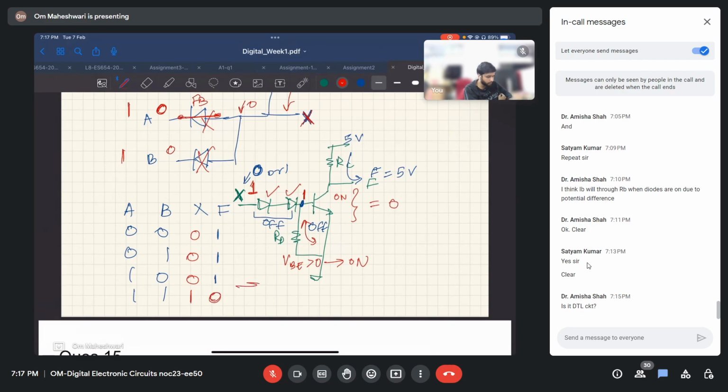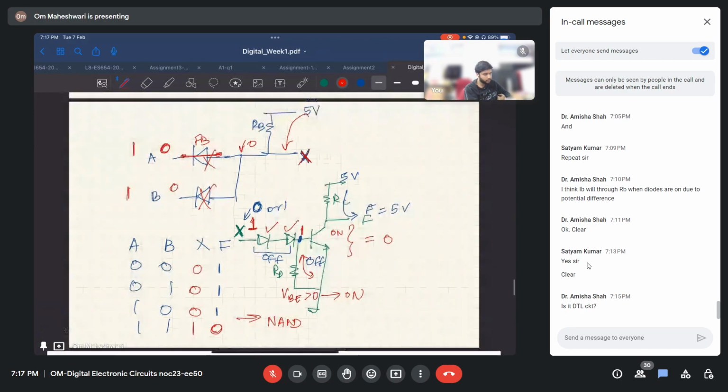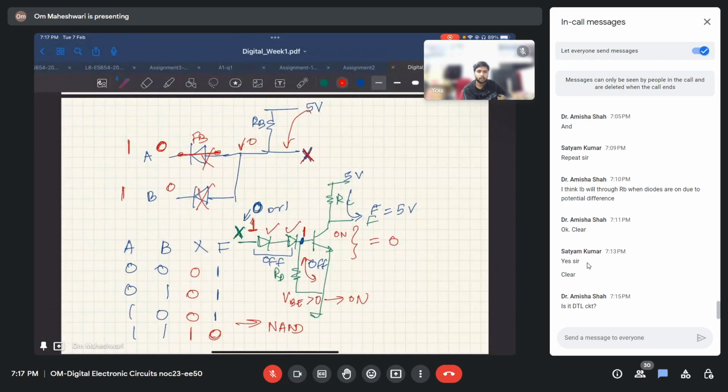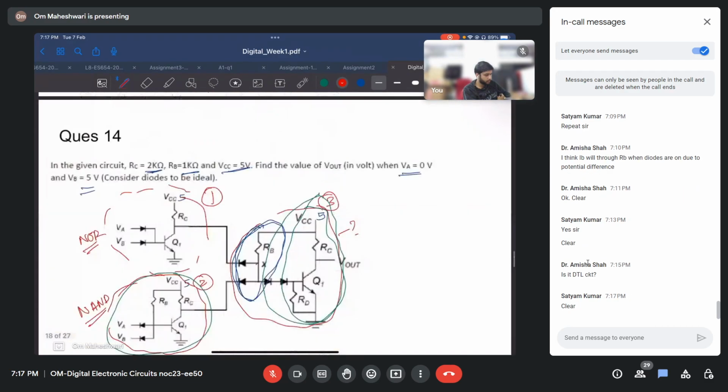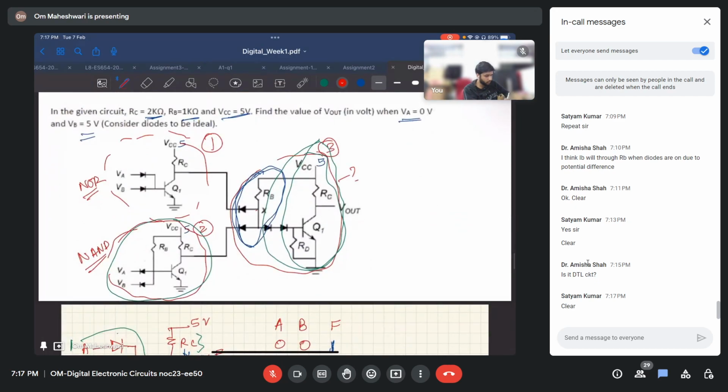So this is again a NAND gate. Is this part of the circuit clear? Yes, Dr. Danisha, all these are diode transistor logics. Okay, so now we have found NOR, NAND, and again NAND.